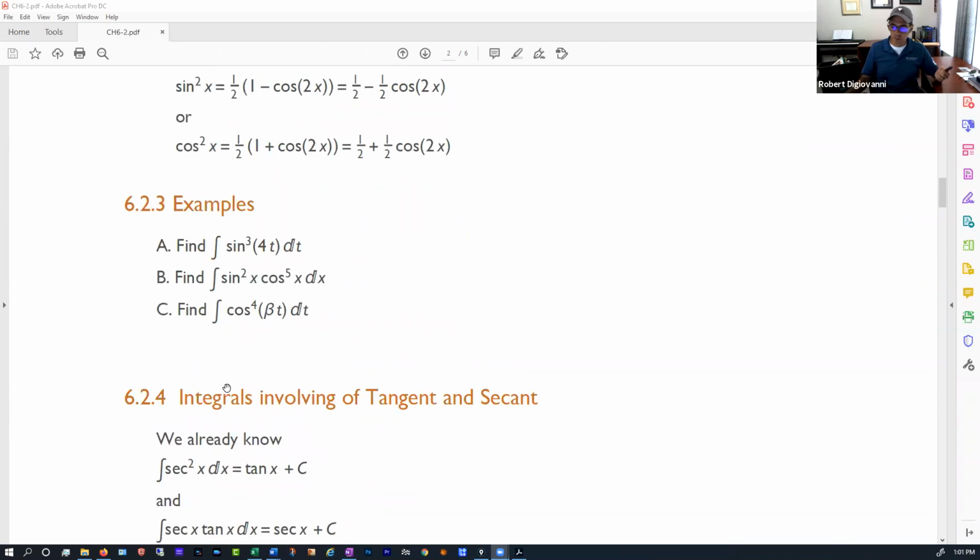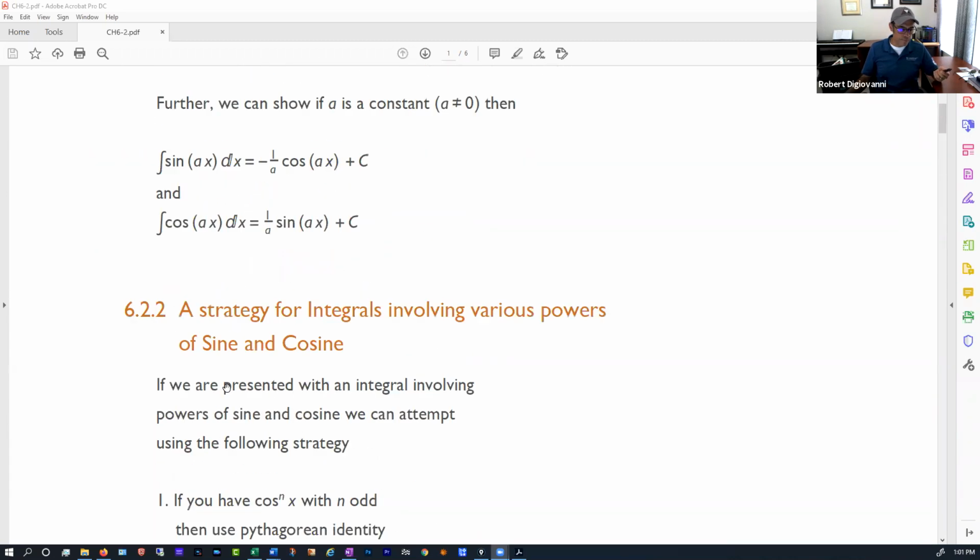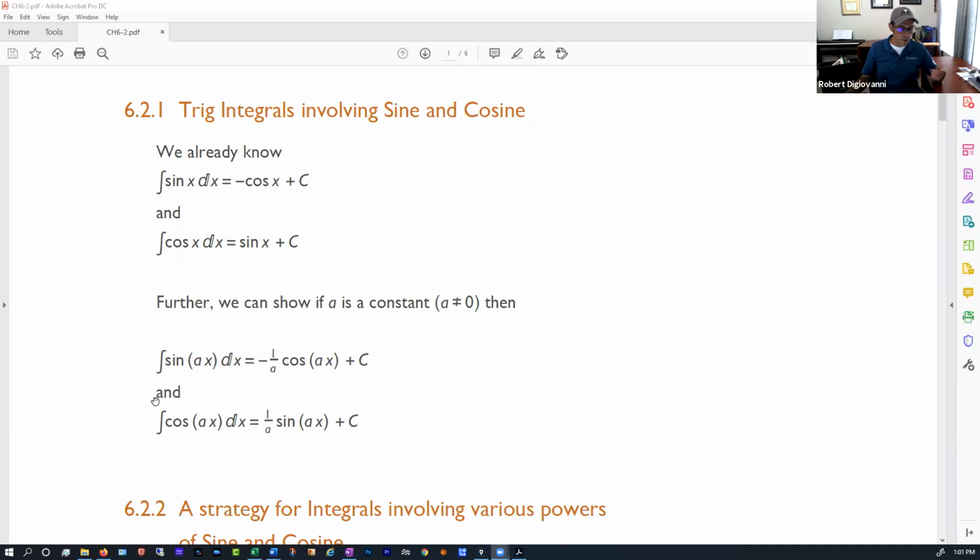Just like when we were talking about sine and cosine, to start, we have to go in knowing a few things. Like we needed to know the antiderivative of sine, the antiderivative of cosine, and that putting a number in front of those x's doesn't change anything other than us having to scale things.